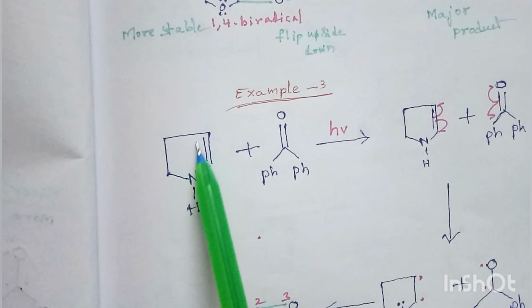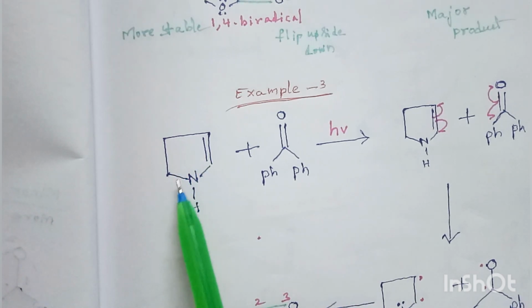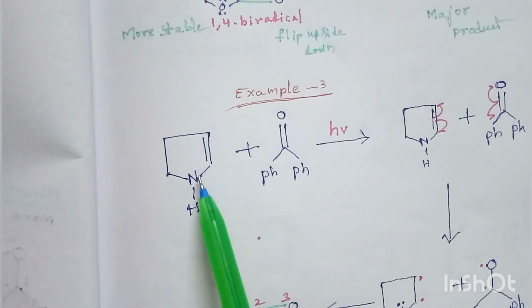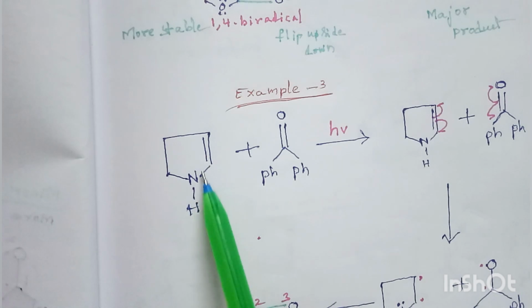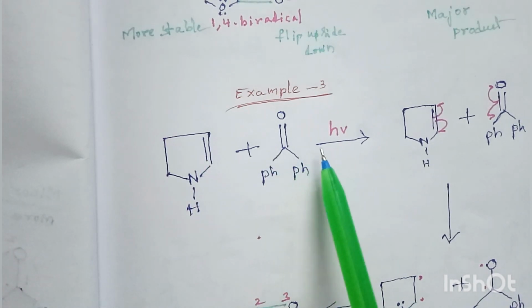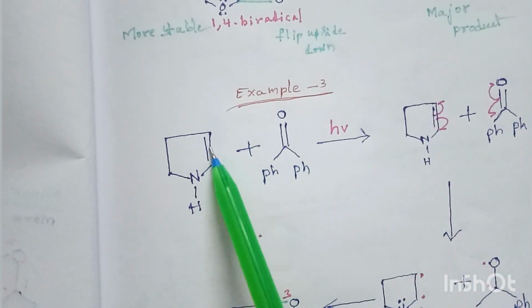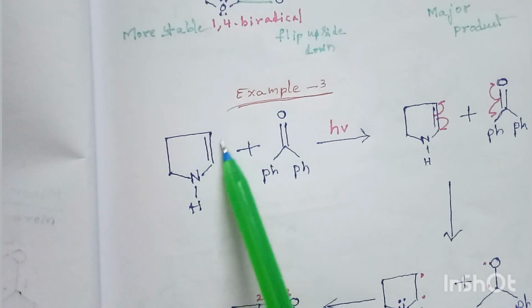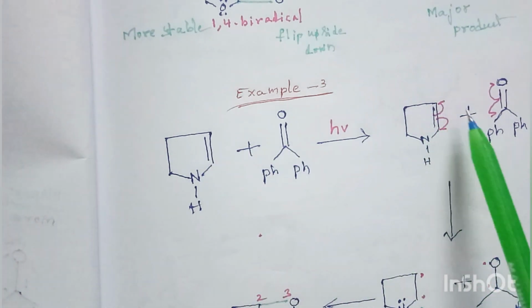This is another alkene, a nitrogen heterocyclic compound with a nitrogen in the ring. So here there is a double bond. This is benzophenone. Upon irradiation by UV light, this pi bond will cleave homolytically to form two radicals.